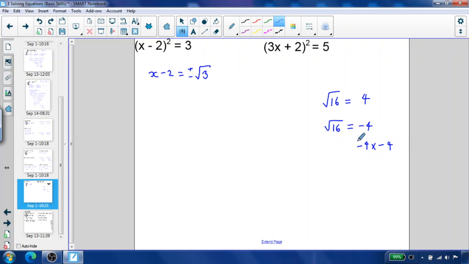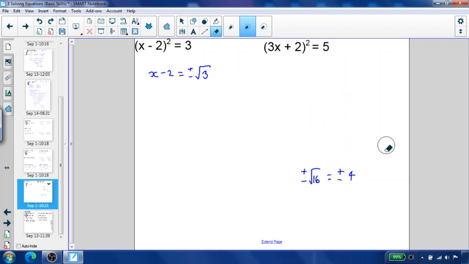So how we would write it is plus or minus 4. Or we don't even have to get to that stage. Like we're doing over here, I could just say positive or minus root 16.